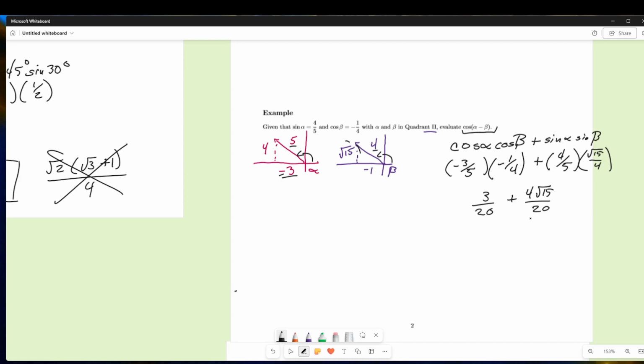That's going to happen naturally for many, if not all, of these problems. Notice we could reduce this 4 and 20 if we wanted to, but don't reduce it. You want the common denominators. So if you have common denominators, leave it alone. And we end up with 3 plus 4 square root of 15 over 20, and that's done. We can't reduce the 4 and the 20 there because it doesn't go into that 3, so that's just a nice exact answer.